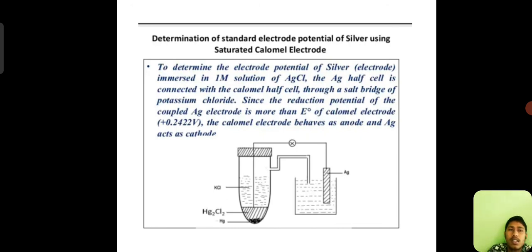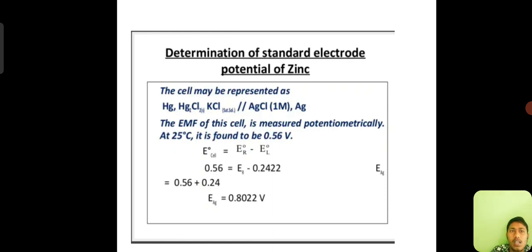We can observe this in the figure, the determination of standard electrode potential. The cell may be represented as Hg, Hg2Cl2, KCl, double slash, Ag plus 1 molar, Ag, where the double slash represents the salt bridge, and the left and right sides represent oxidation and reduction.